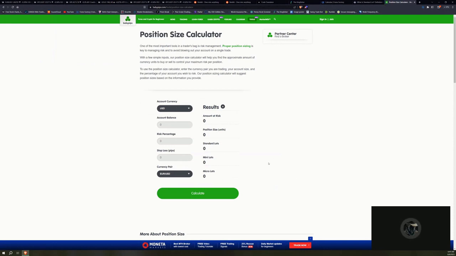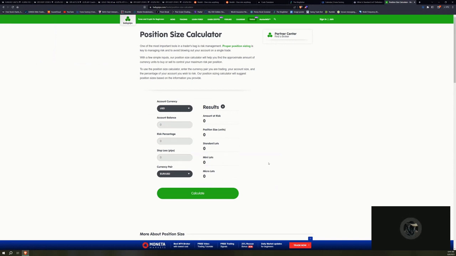Now, anybody who's been through my courses understands money management, and we'll talk a little bit about that today too, because this position size calculator takes the thought out of everything. And if you're trading on Oanda, it does the math for you, so you can just put whatever dollar amount you're comfortable risking.